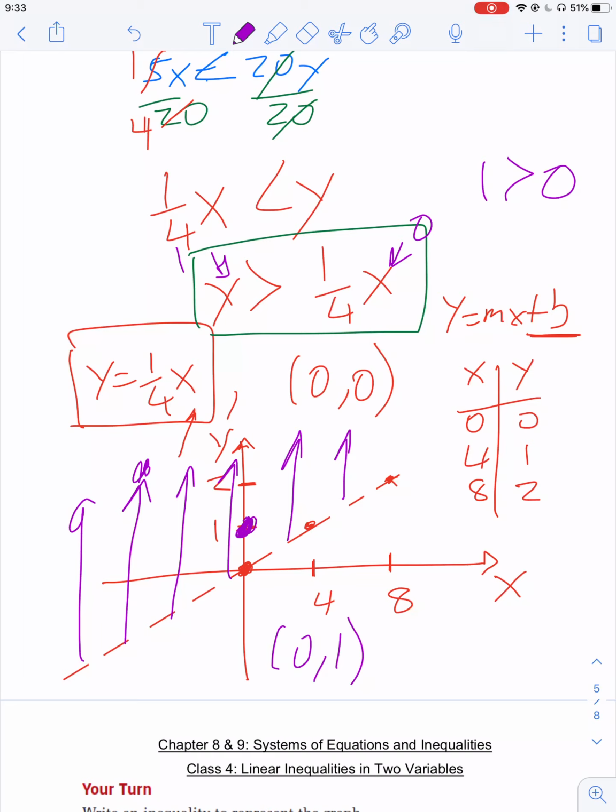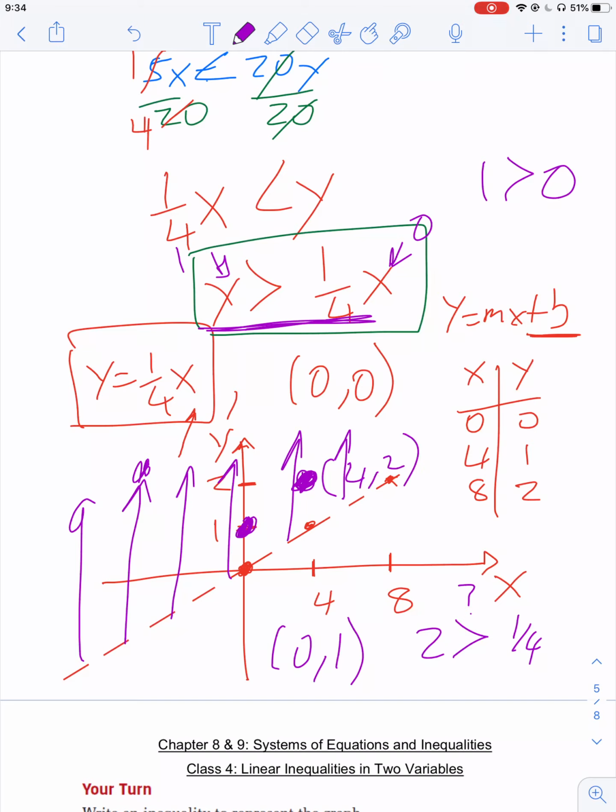Okay, so if you want, why don't we pick the point 4 comma 2? Let's pick this one. This is the point 4 comma 2, and you'll see that that will also work. So that means my y value is 2. If you replace y by 2, let's check, is 2 greater than a quarter times x, this is the point 4 comma 2.